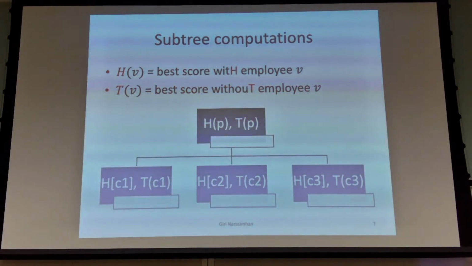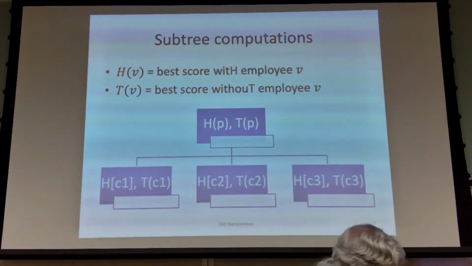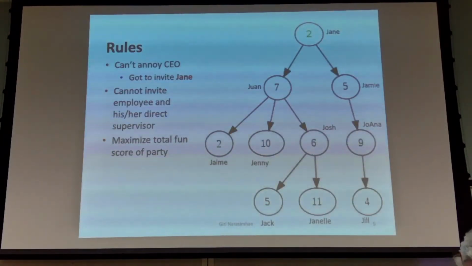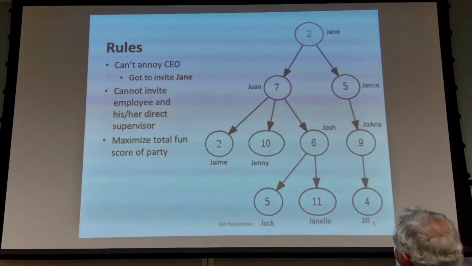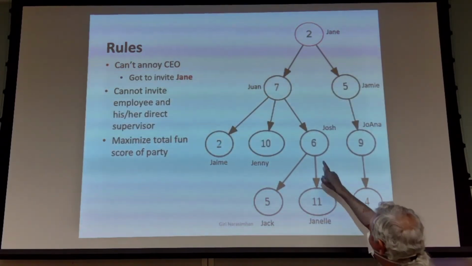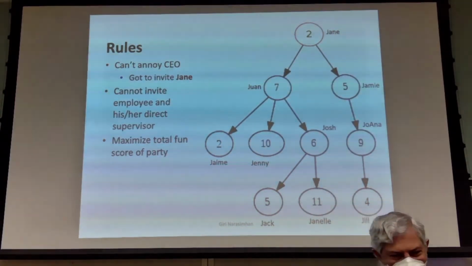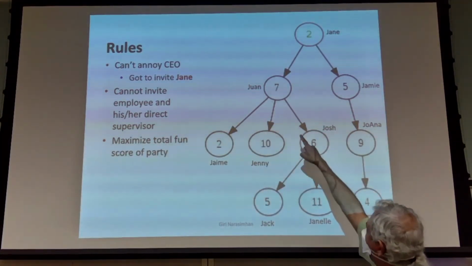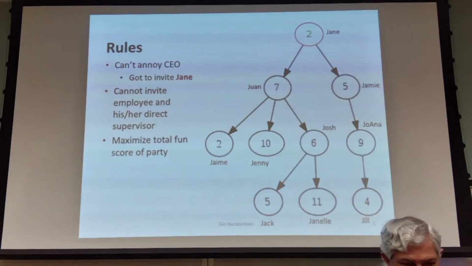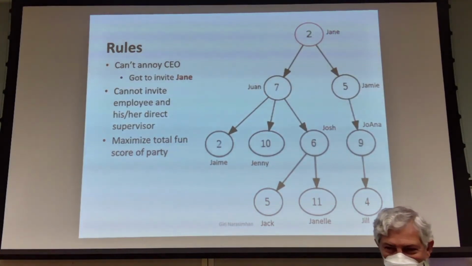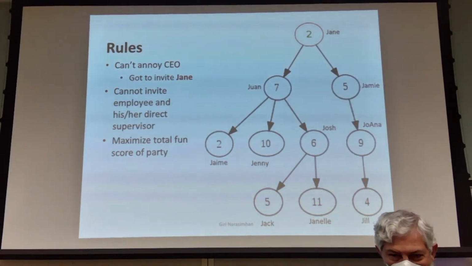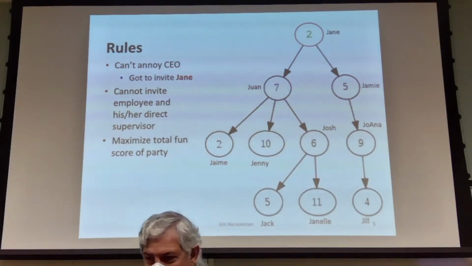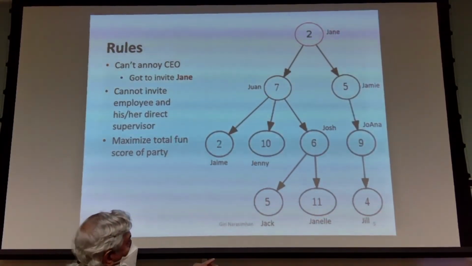So go back to your example, okay? Go back to your example. Now, you were willing to sacrifice Josh for Jack and Janelle, right? Which means that Josh and Juan both didn't show up. You're not inviting them for the party. You're uninviting them. Is that clear? What names did you say?